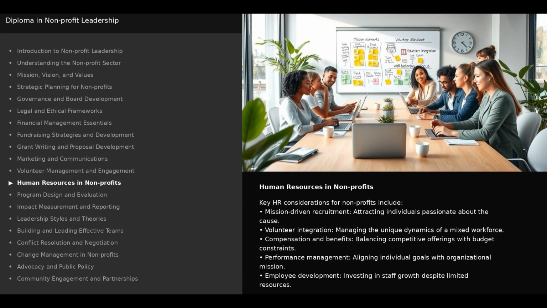Leaders must champion a positive organizational culture that values its people, provides opportunities for growth, and recognizes the unique contributions of both staff and volunteers. Strategic HR management is an investment in the people who drive the organization's impact.